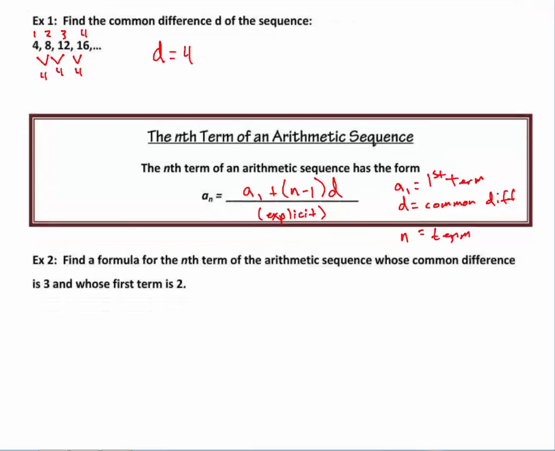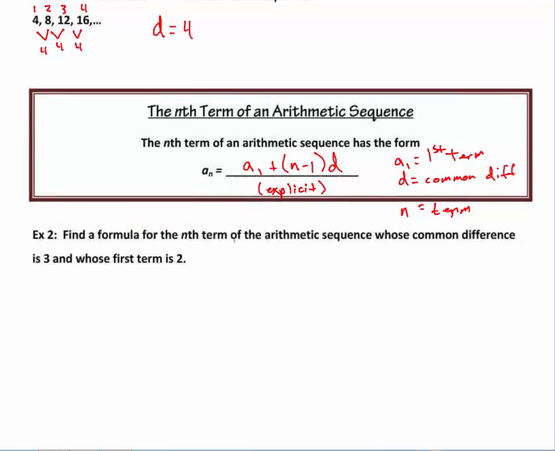All right, so real quick example: find a formula for the nth term of the arithmetic sequence whose common difference is 3 and whose first term is 2. Well, they tell us right there the first term is 2. The common difference is 3, right?